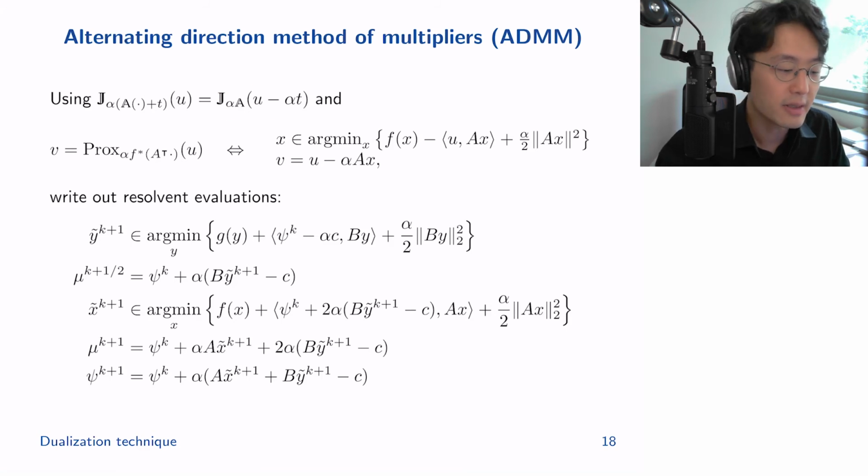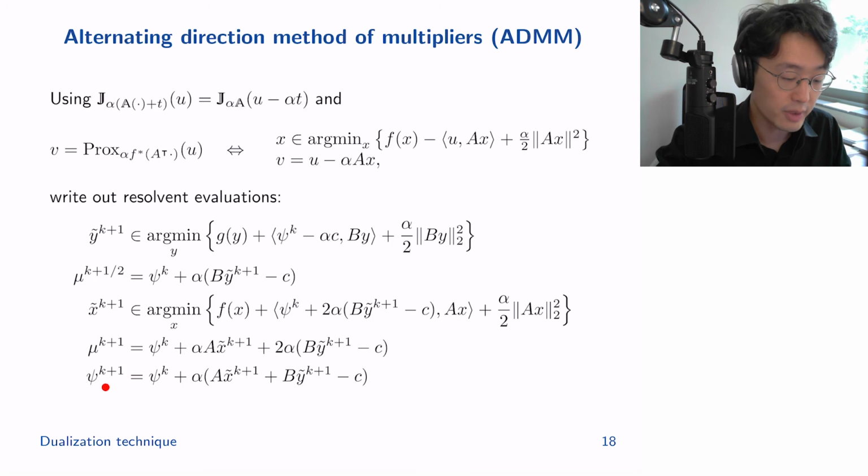And then the second identity is that to evaluate the proximal operator with respect to the function f star composed with A transpose, we can solve this minimization problem and then perform this update. So to transform the proximal operator with respect to g tilde, we utilize both identities to get this. And then to transform the proximal operator with respect to f tilde, we just use this identity to get this.